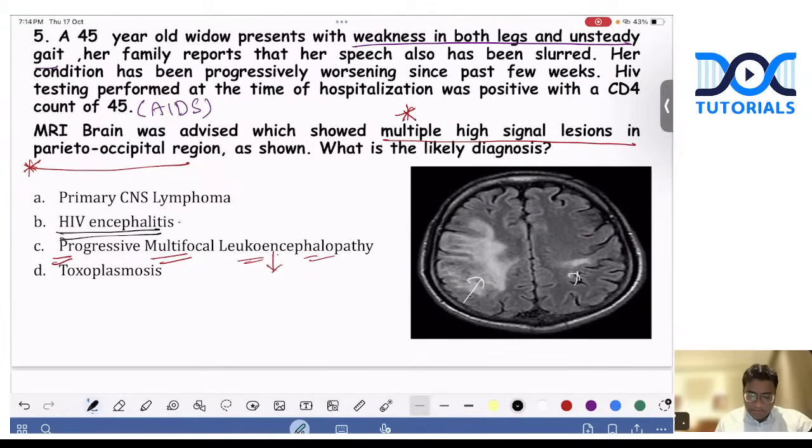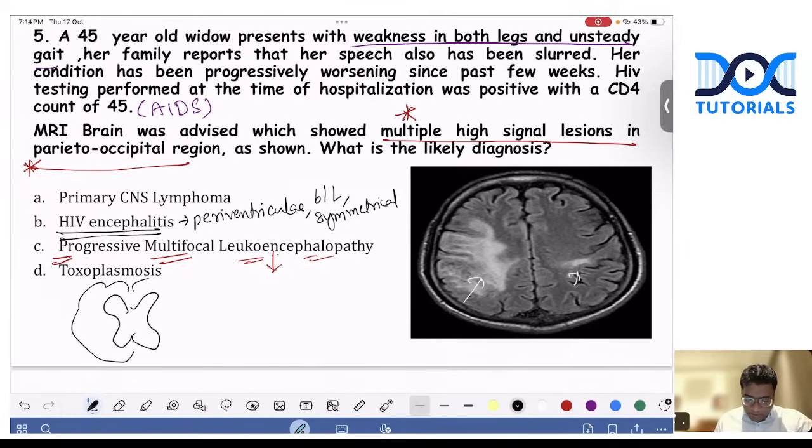There is also another condition, HIV encephalitis, that can occur in AIDS patients. But in HIV encephalitis, you see periventricular lesions, bilateral and symmetrical, in the periventricular white matter. So if I am seeing bilateral, symmetrical periventricular white matter lesions in an AIDS patient, I think of HIV encephalitis.